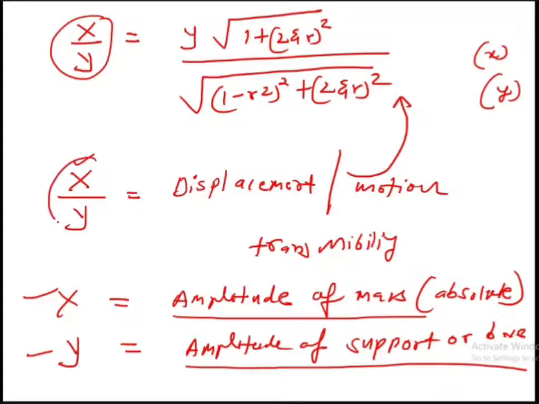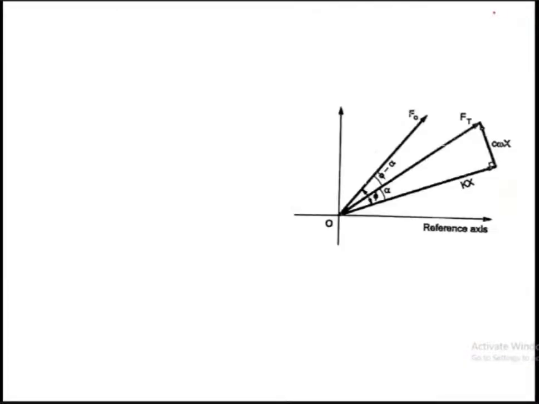The ratio of X upon Y is called the displacement or motion transmissibility, which is the same as TR equal to Ft upon F0, where TR is called the force transmissibility. So I hope you have understood the difference between the motion transmissibility and the force transmissibility. Is it clear? So now next step.